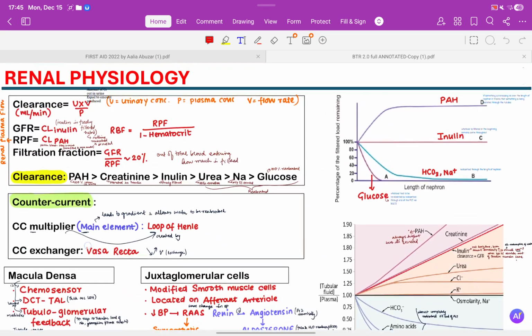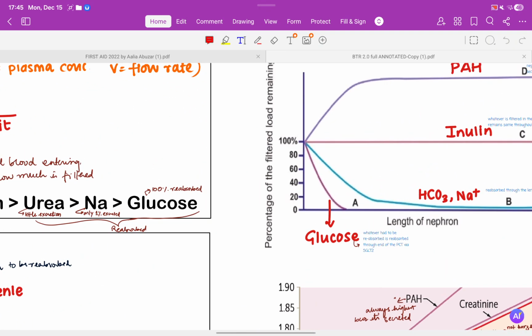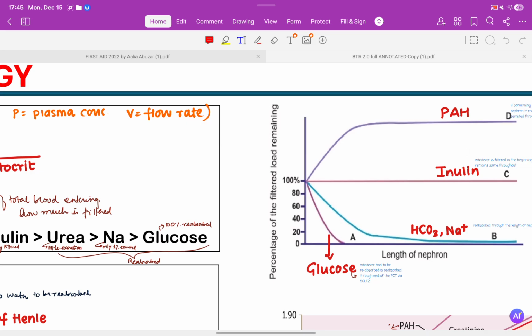Now, before we get there, let's look over here at the graph. We all know para-aminohippuric acid has the maximum excretion, and inulin is less. But why is the line horizontal? Because whatever inulin is filtered in, it is there in the beginning itself, and it remains the same throughout because it is not secreted nor reabsorbed.